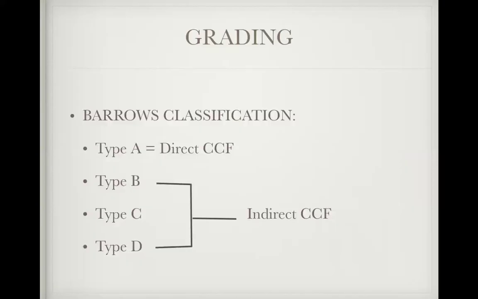Now, CCFs are basically divided into direct and indirect carotid cavernous fistulas. The most widely used classification is the Barrow classification. There are various other classifications, but this one is relatively easy and has been able to hold people's attention for this long.